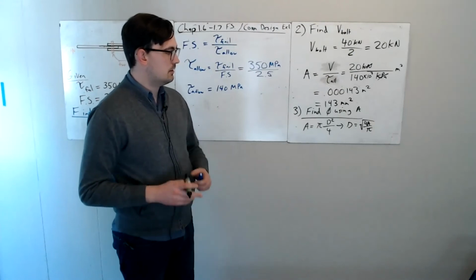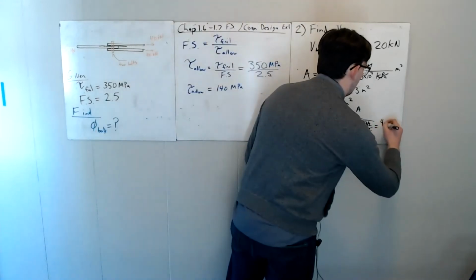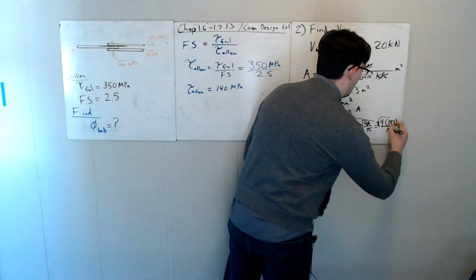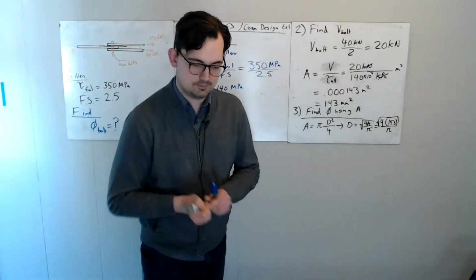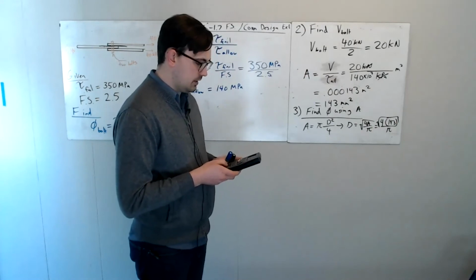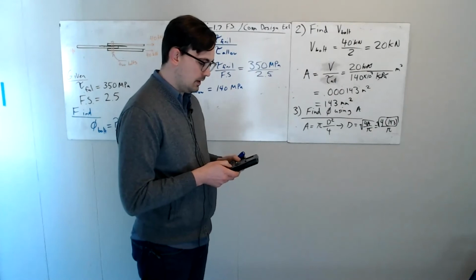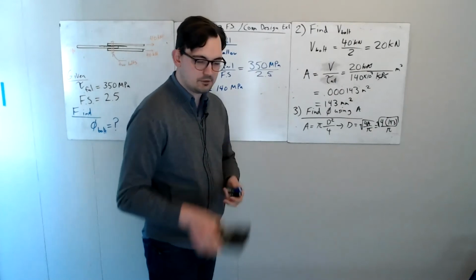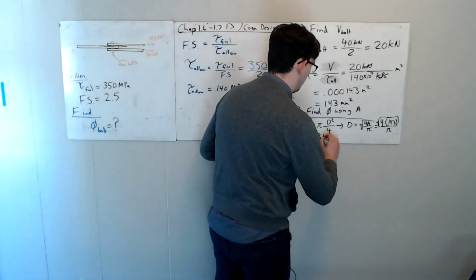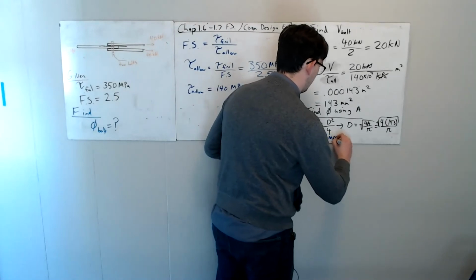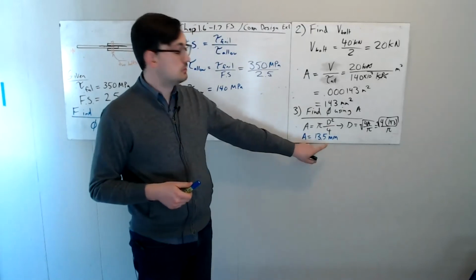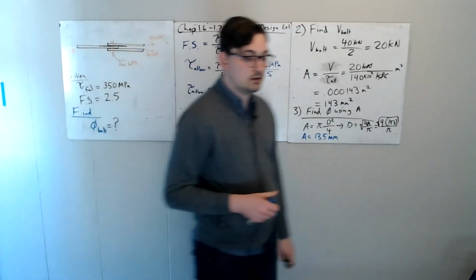That's going to look like the square root of 4 times 143 divided by pi. That's going to give me a value of 13.5 millimeters for my diameter.